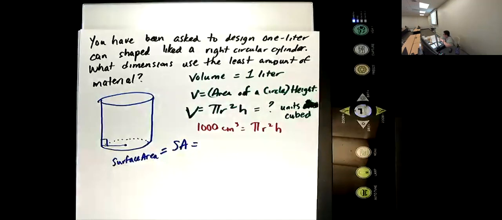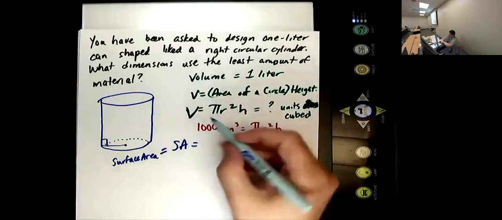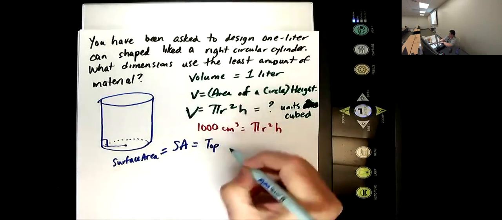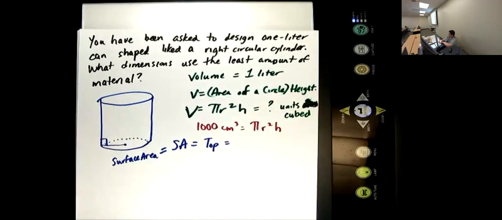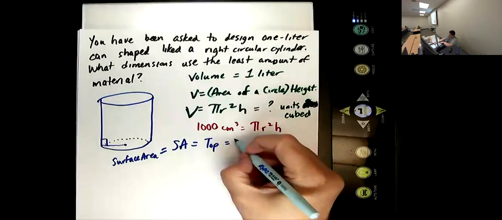for a cylinder. Now, presumably it needs to hold things, so it needs to have a top and a bottom. Let's keep that in mind. So what's the top look like? Pi r squared.